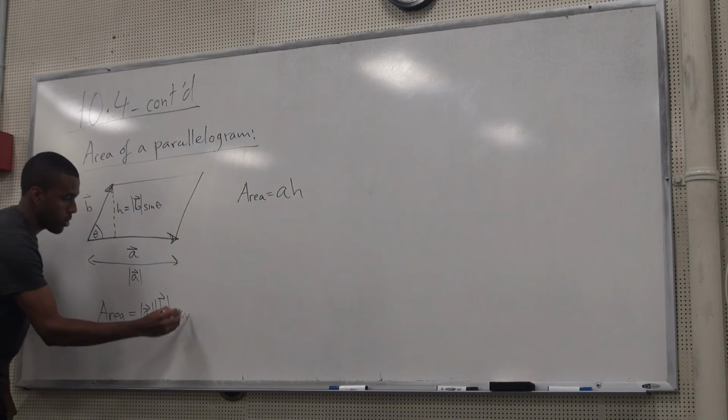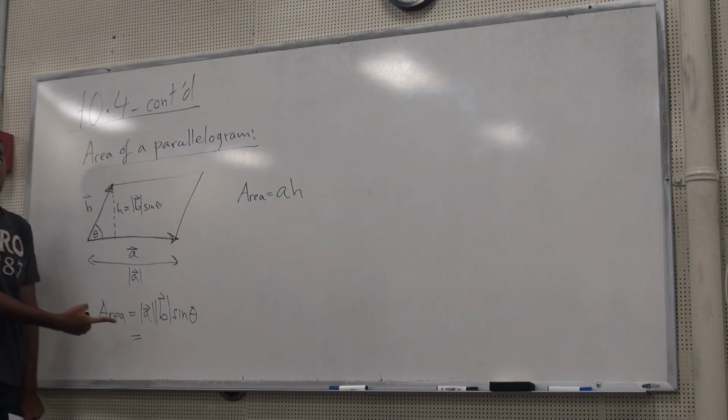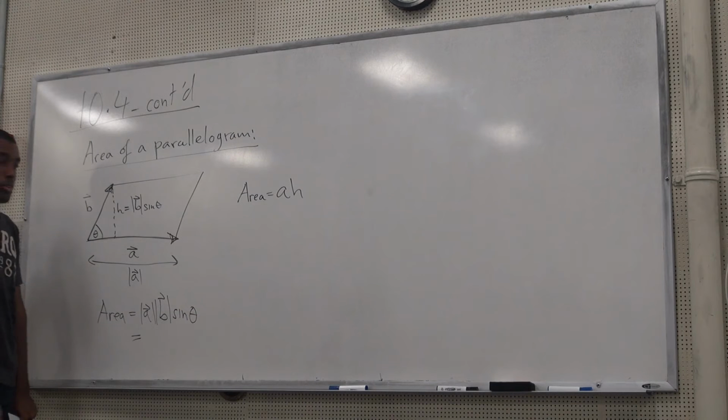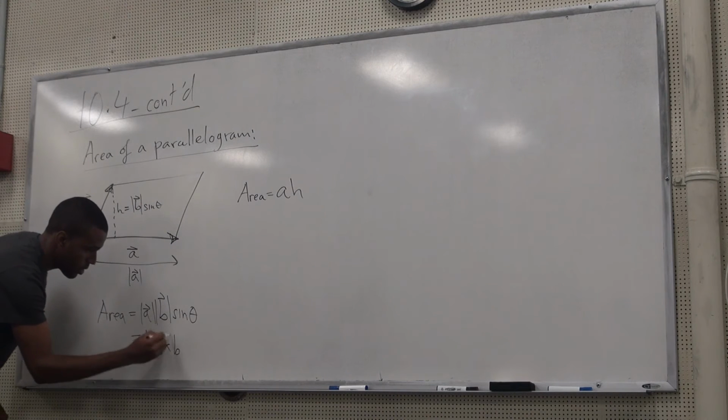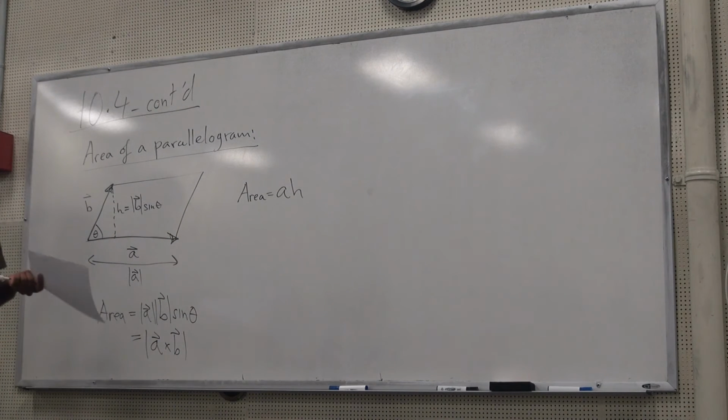Well, what's that? The magnitude of the cross product of A and B. So it turns out if you have two random vectors in space and you want to figure out the area of the parallelogram they create, it's the magnitude of the cross product.